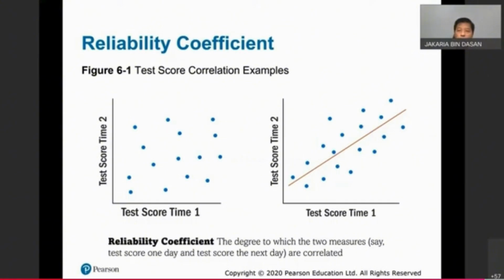You should have the one that looks like the right side, all the dots located near the line, not like the left side, scattered everywhere. This means that you're not using the right tools, or maybe the way you administer it is wrongly done, etc.